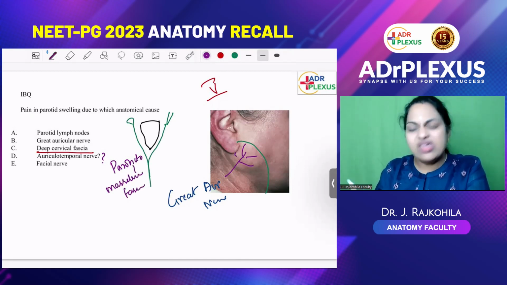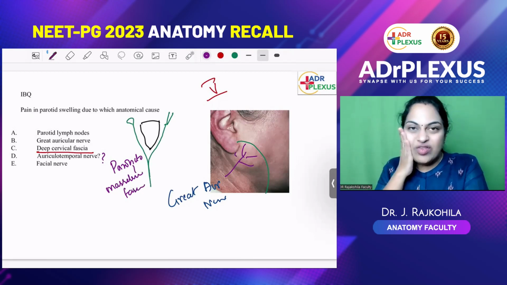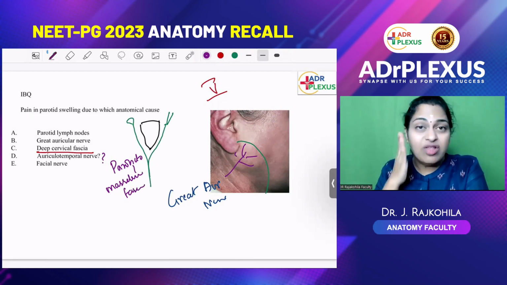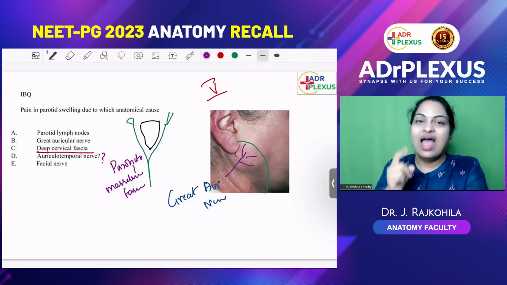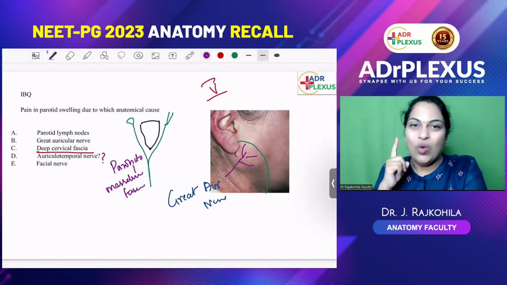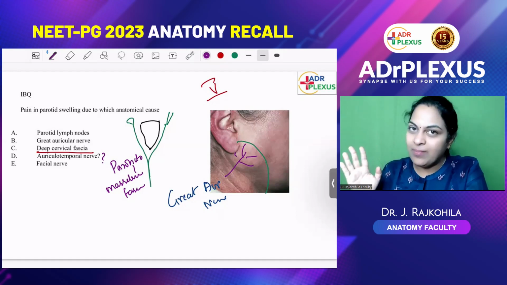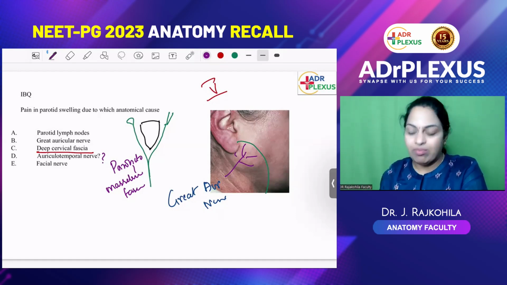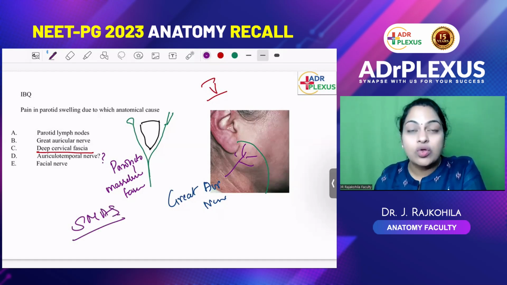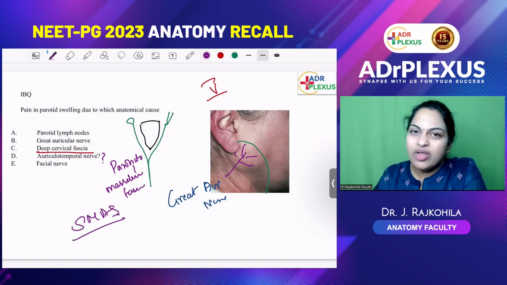What is special about this fascia? You remember the facial muscles are remnants of panniculus carnosus. They are present immediately beneath the skin and there's no deep fascia over the face. Am I right? But except in the region of the parotid gland, you have this parotidomasseteric fascia, which is clinically important. So why am I talking about this now?